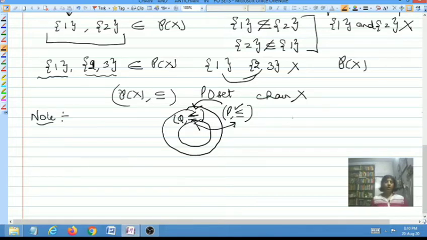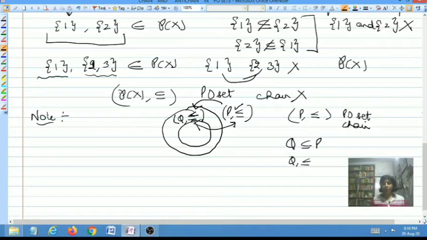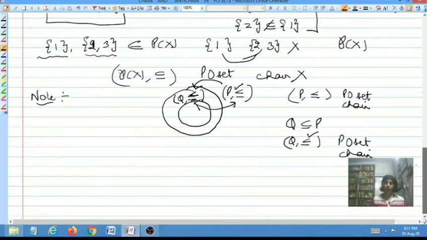Now I move a step further. If (P, ≤) is a poset, and not only a poset but also a chain, then if Q is a subset of P, (Q, ≤) will not only be a poset but will also be a chain with respect to the induced or inherited order, just because the elements of Q are finally the elements of P, and they behave in the same way.